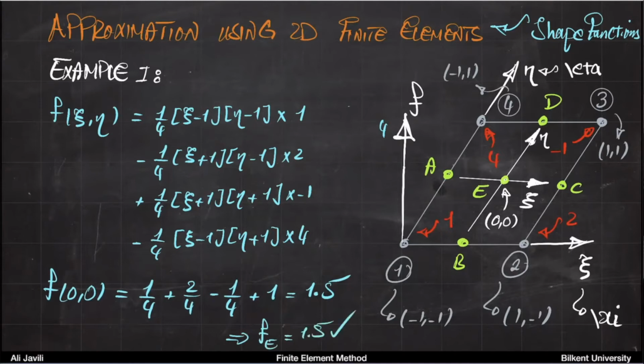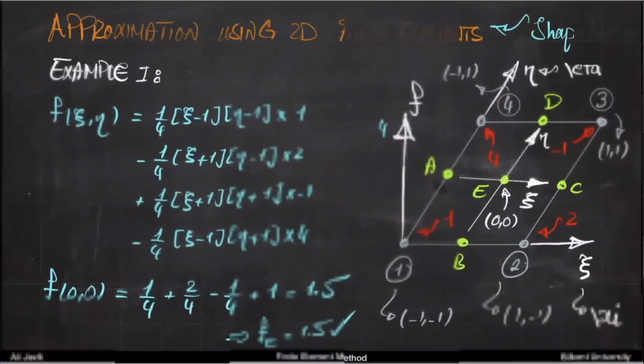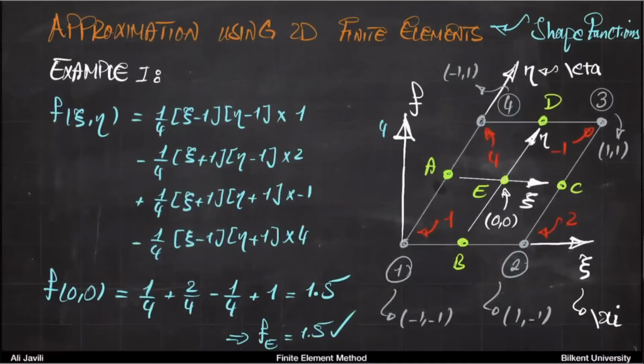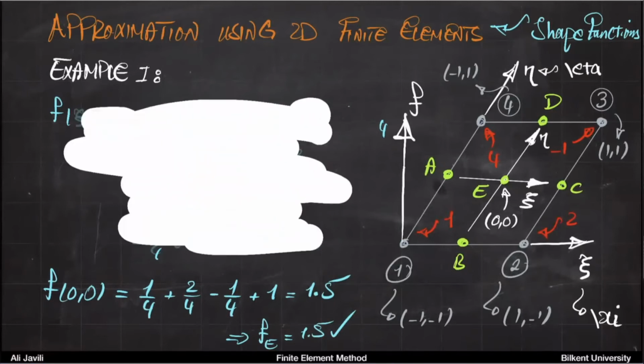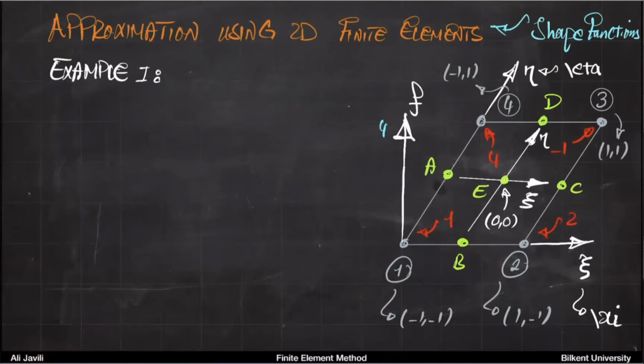But also, if you play this game, and this is why we had that other example that I said I wouldn't do, so remember, we had this example 2. If you play this game and you calculate f for points A, B, C, and D, in fact, you will get the values that I gave you in that other example. So these two functions are the same surface.